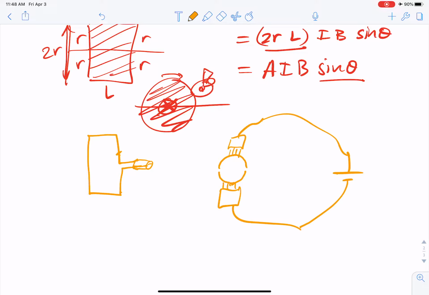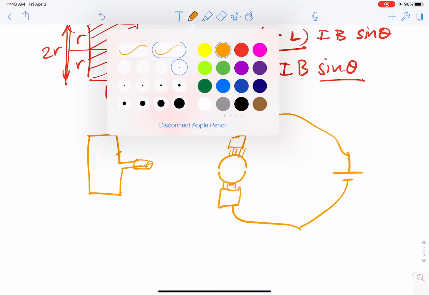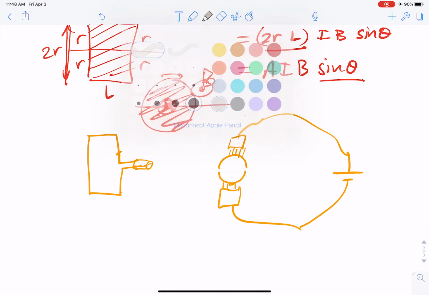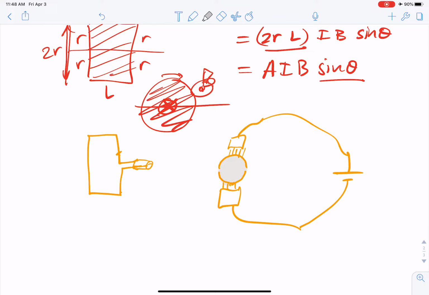Okay, so when this completes the circuit through the little metal wires, gets the current through there. But the point is that this guy rotates.